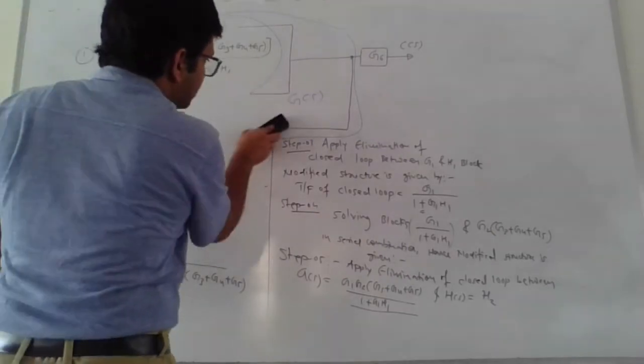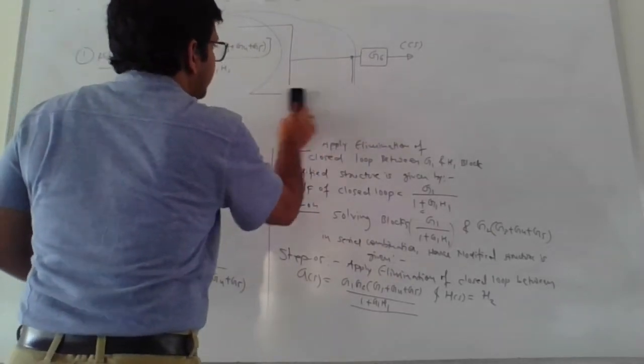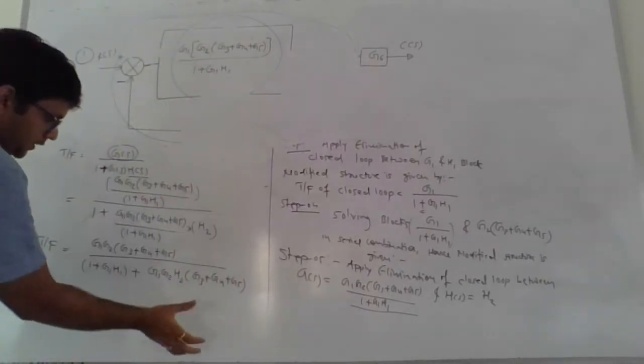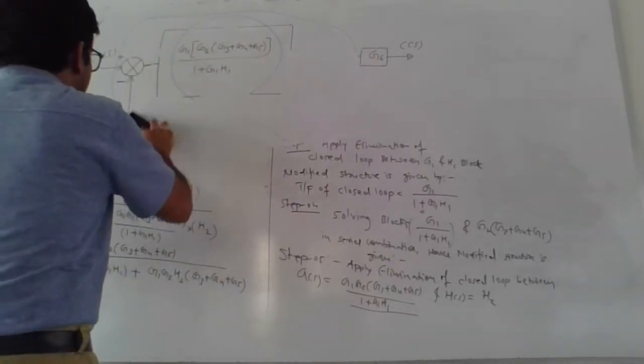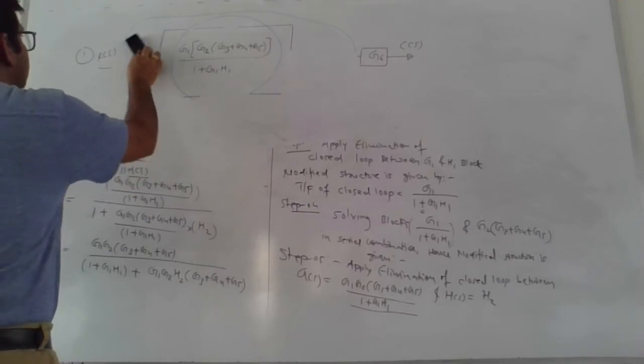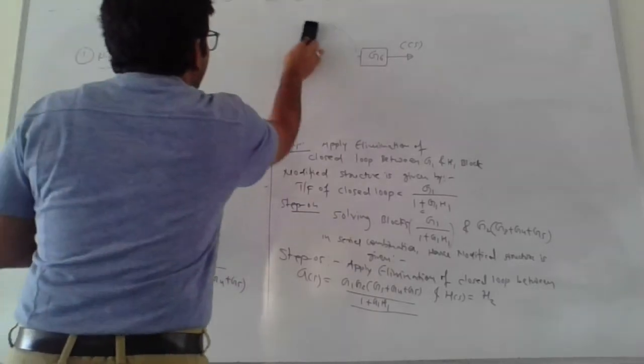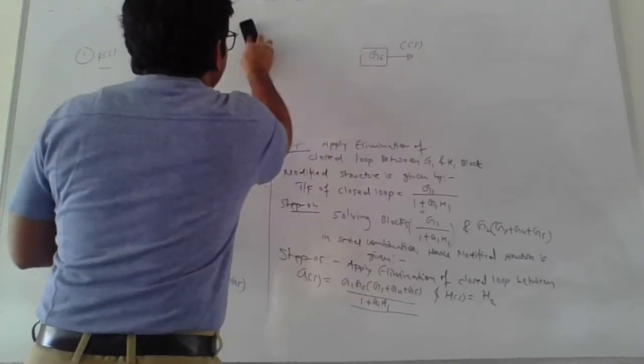So I am modifying the system like this. You need to modify and redraw the structure over here. So I am modifying the entire system in the same figure. Rest of the thing is as it is.